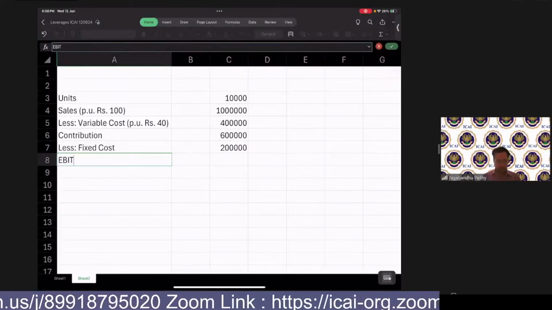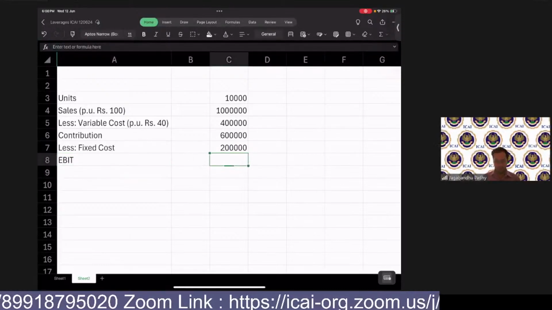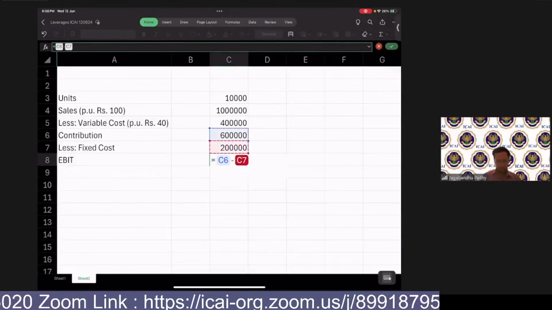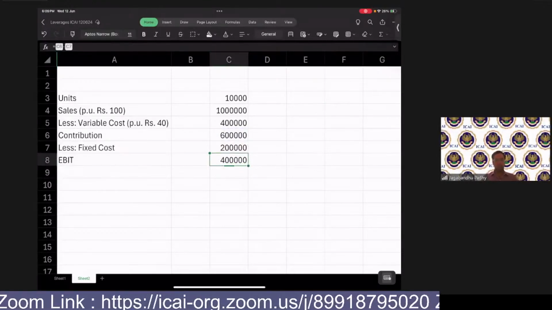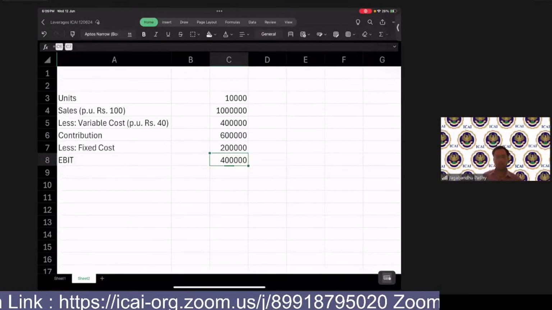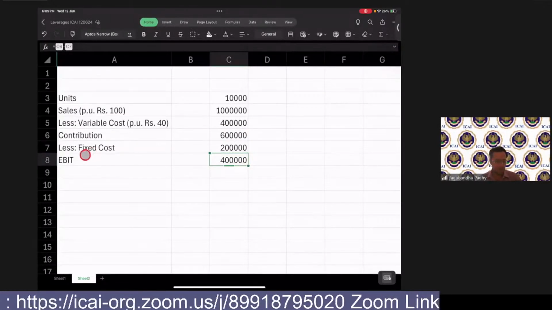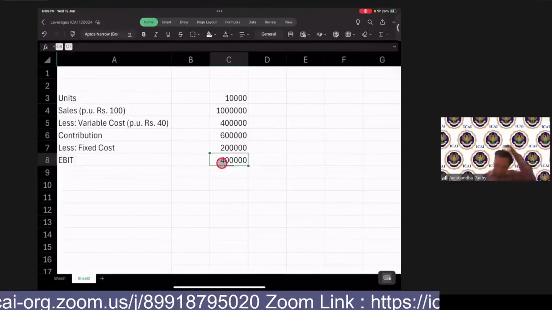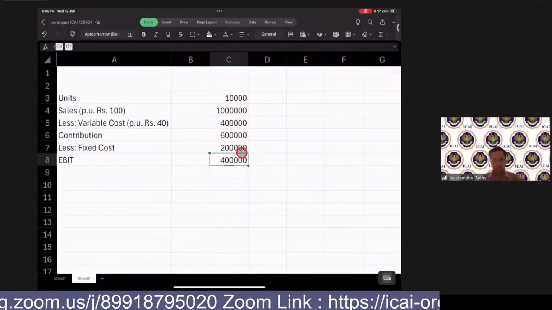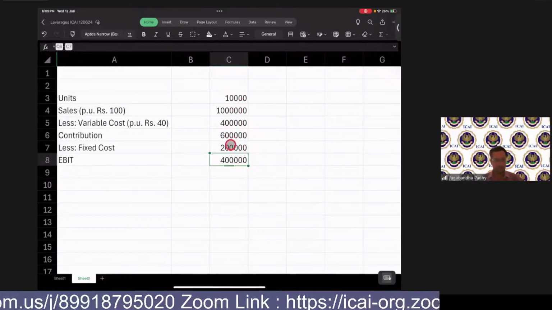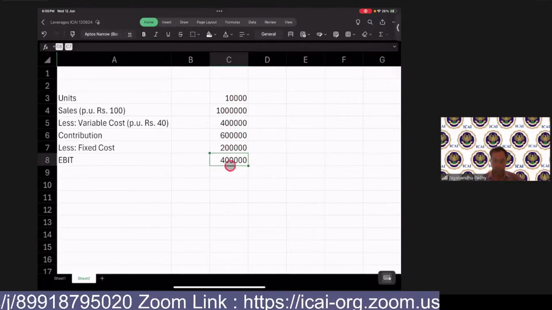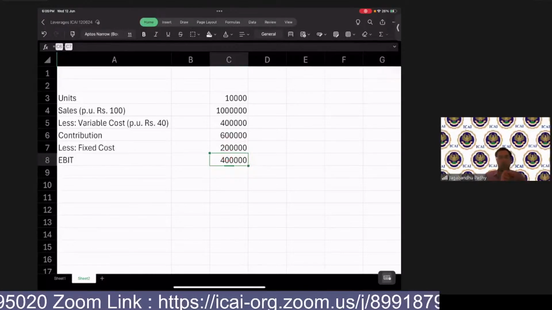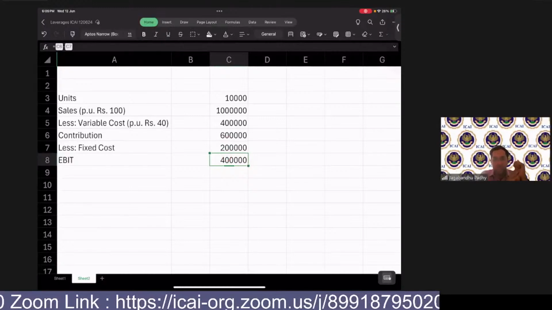And after that, we have earnings before interest and tax. Contribution less fixed cost gives an EBIT of 4 lakh. And in ratio analysis also we have learned this concept that up to the point you have the EBIT, all the numbers are the operating part. Beyond EBIT, whatever numbers we arrive at purely depend on how you have financed your business.